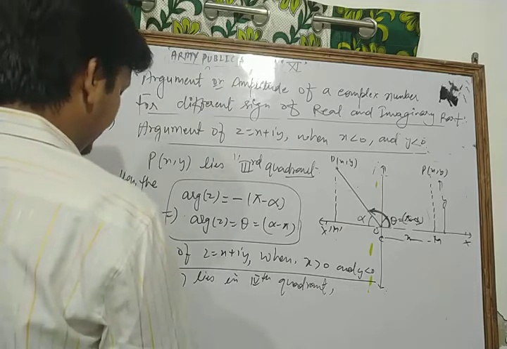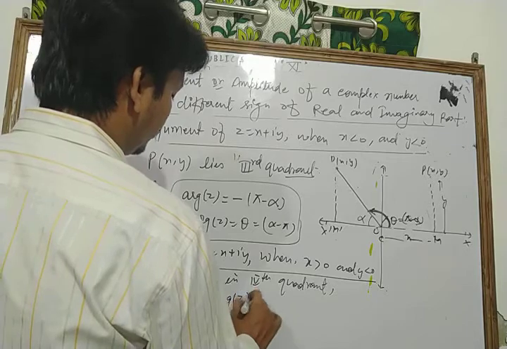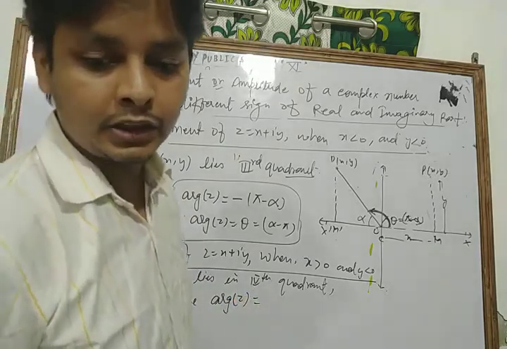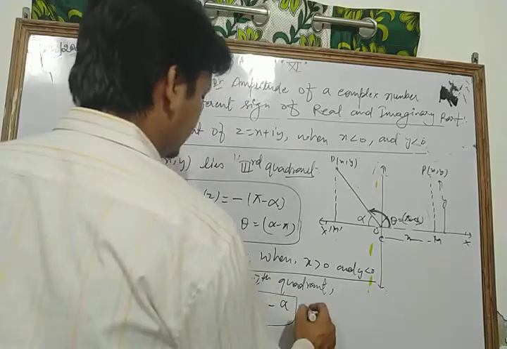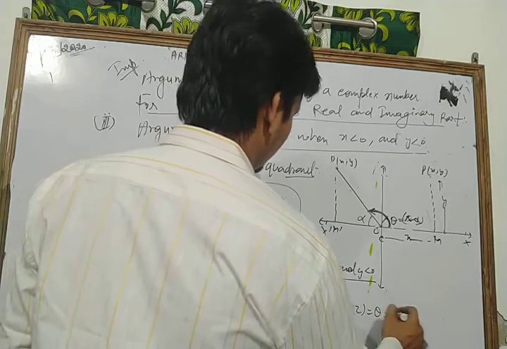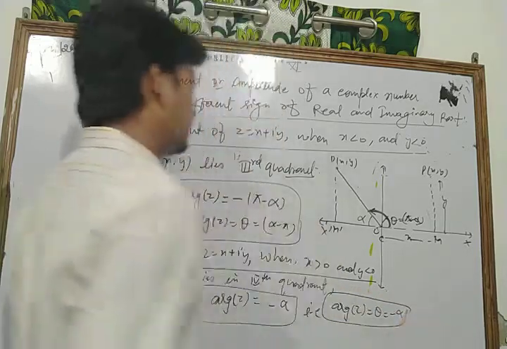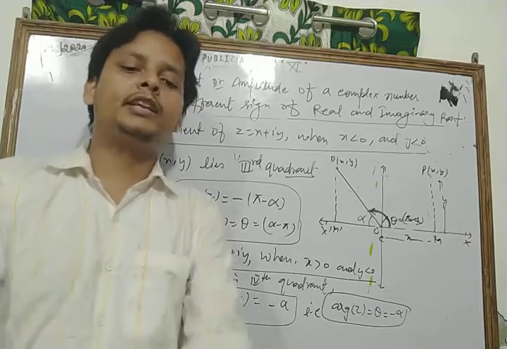In that condition, the argument of z is theta, which is equal to minus alpha. So these are the four conditions, dear students, to find the argument of any complex number.